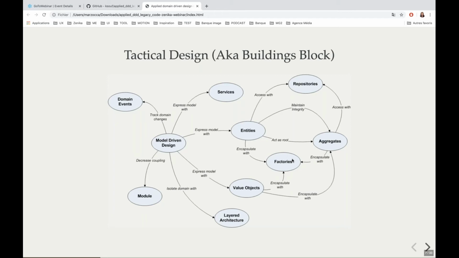There is also another concept that I'd like to introduce to you. If we have some kind of business operation that is not natural to put in an entity or in a value object, a pure business function, we call that a domain service.